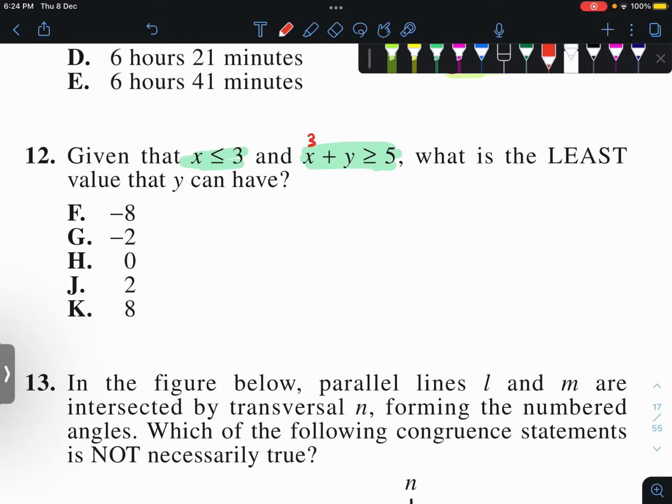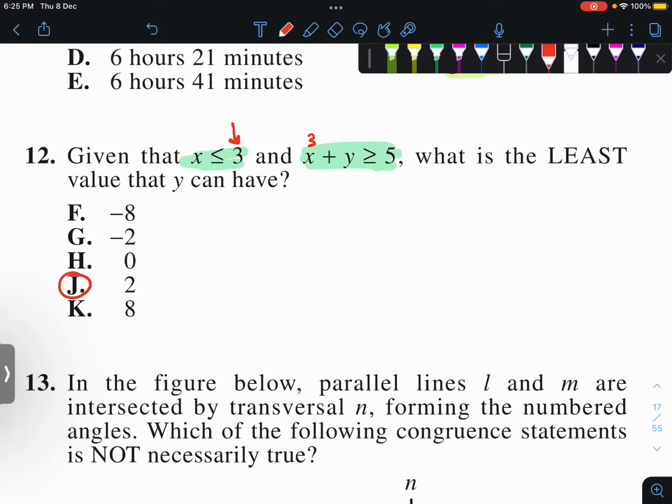If we try, 2 plus 3 is 5. Or okay, it could be -2, like 3 minus 2, no. It could be what, 8? No, so the answer of question 12 is J.